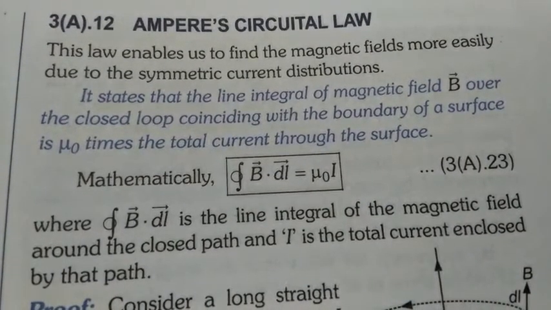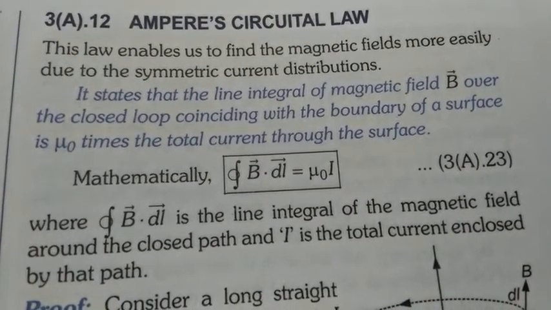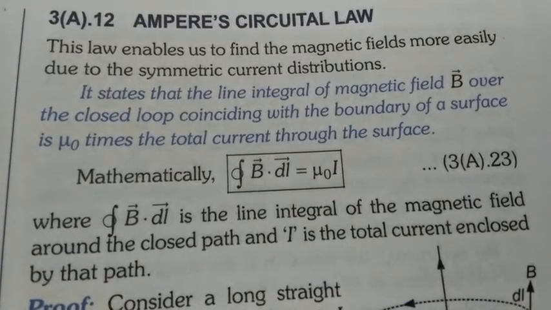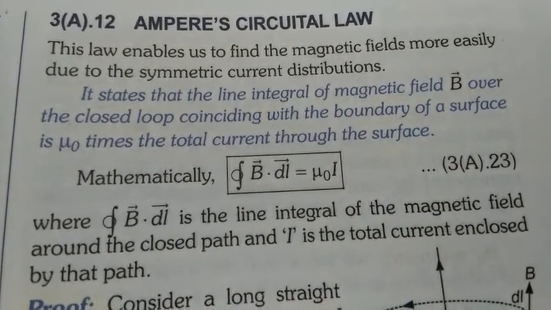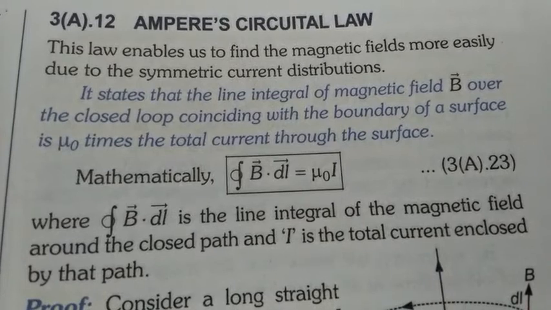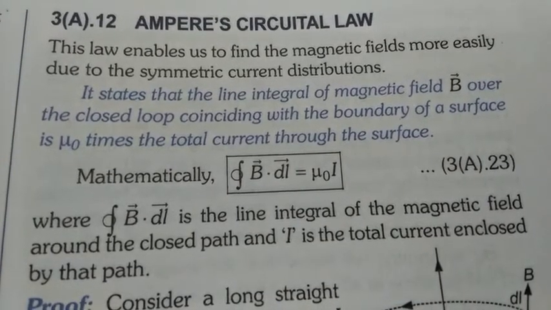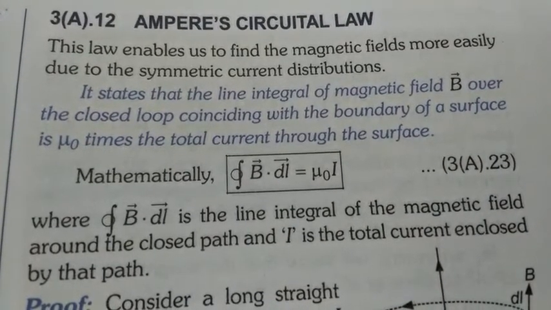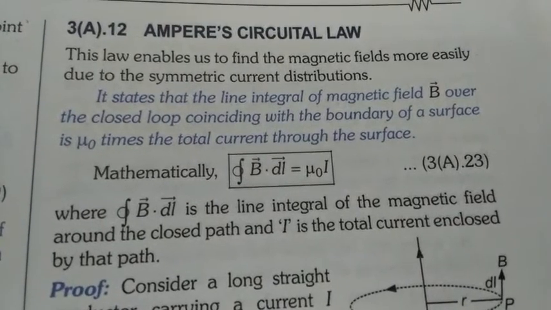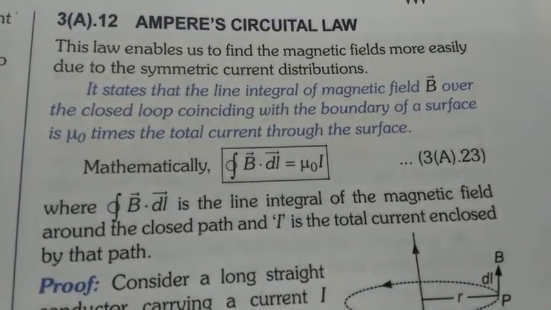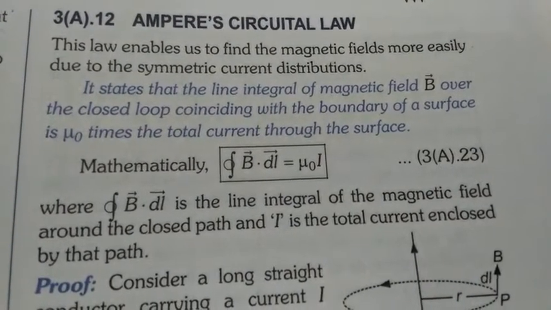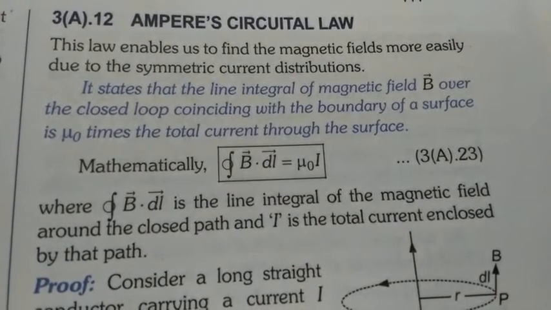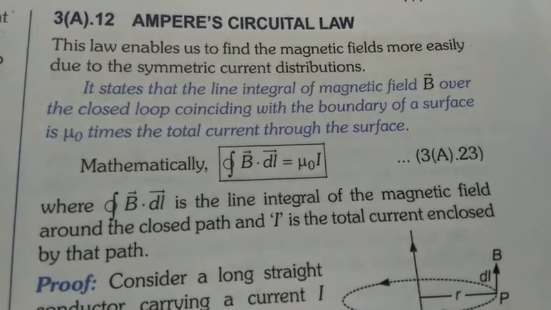For electric field, when we have to find the electric field strength for a closed surface, we have Gauss's law. Similarly, in case of magnetic field, we have Ampere's circuital law. As Gauss's law is applicable to a closed surface, similarly Ampere's circuital law is also applicable for a closed path, but in case of magnetic field.